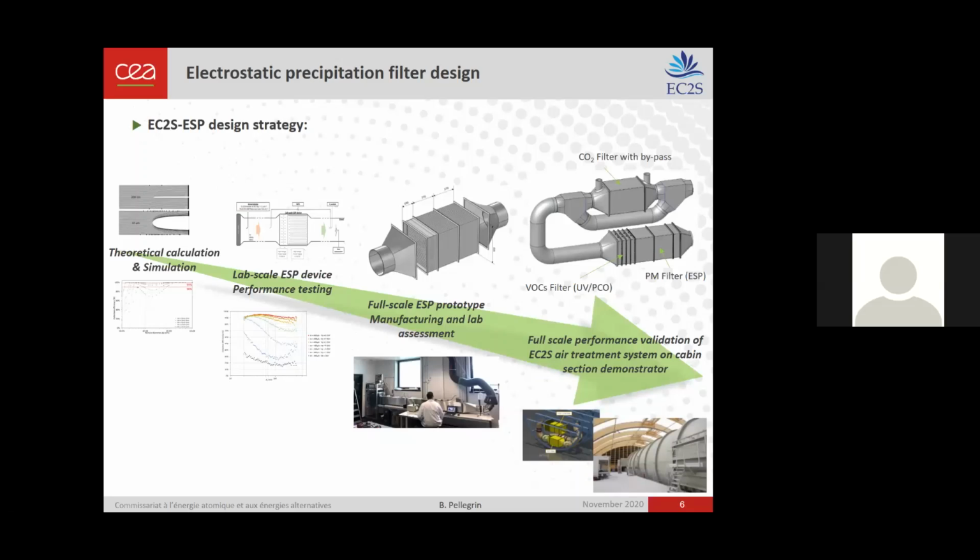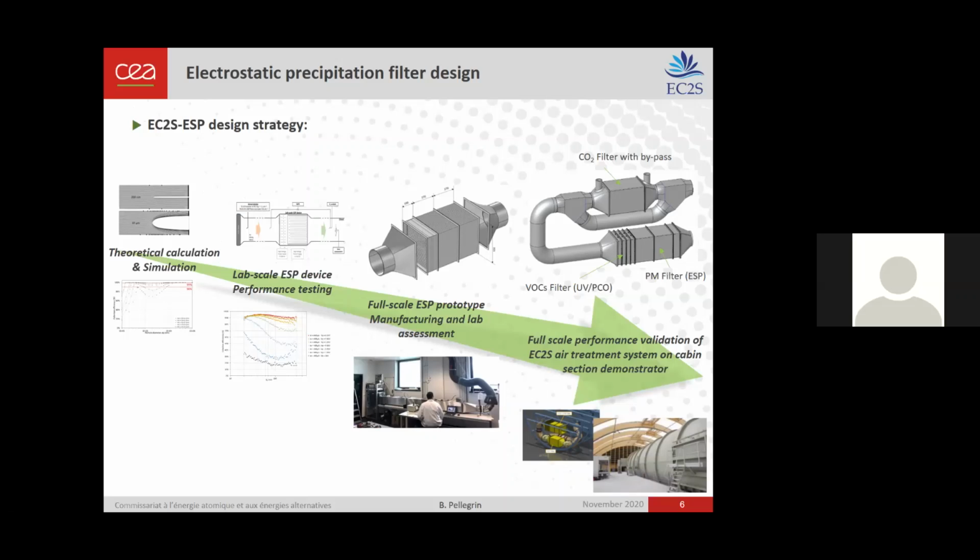So here is the electrostatic precipitation design strategy that we implemented in the project. We started with theoretical calculation and simulation, and based on that, we manufactured a lab scale device that we tested, and using those results, we designed a full scale prototype.